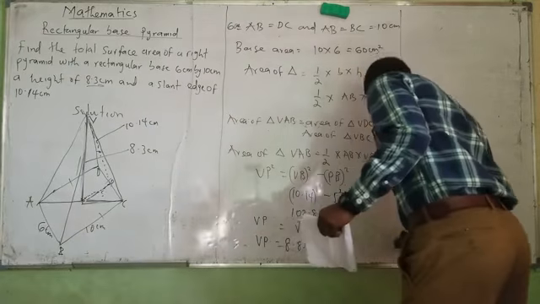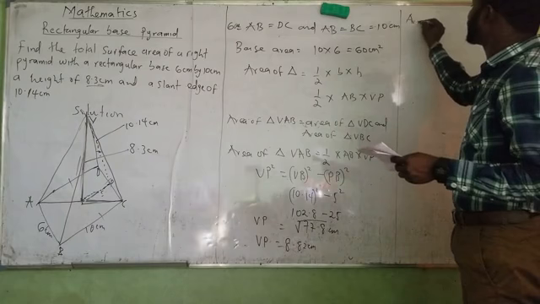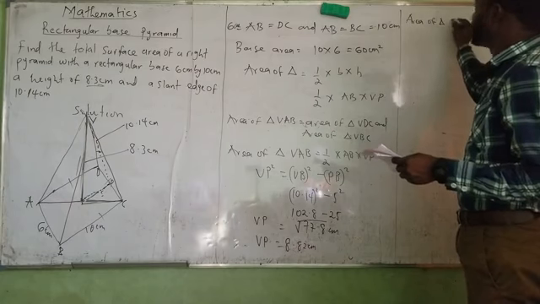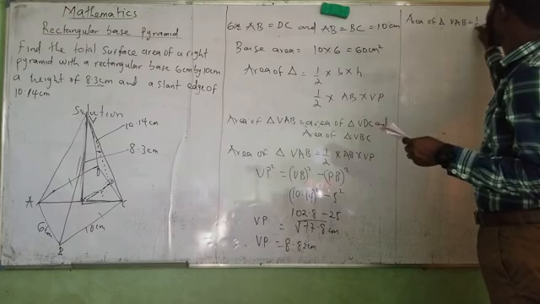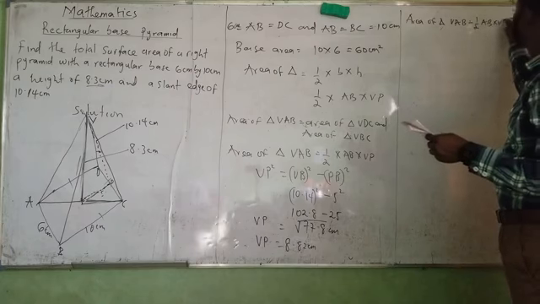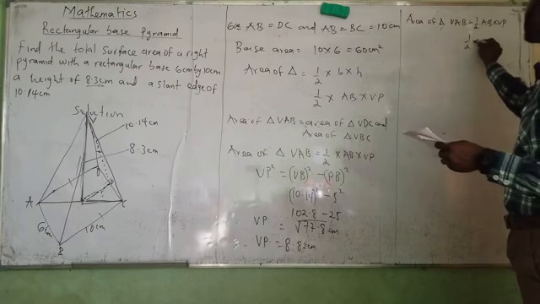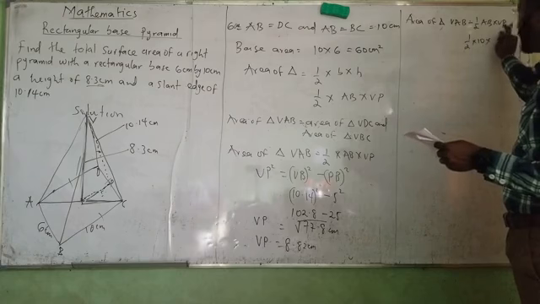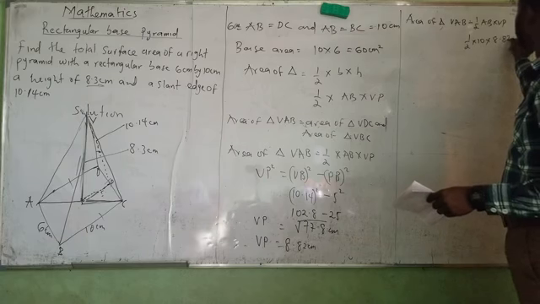The area of the triangle VAB will be equals to 1 over 2 of what? AB multiplied by VP. My VP is already given, so I'll be having 1 over 2 multiplied by 10 multiplied by VP, which is 8.82 centimeter.